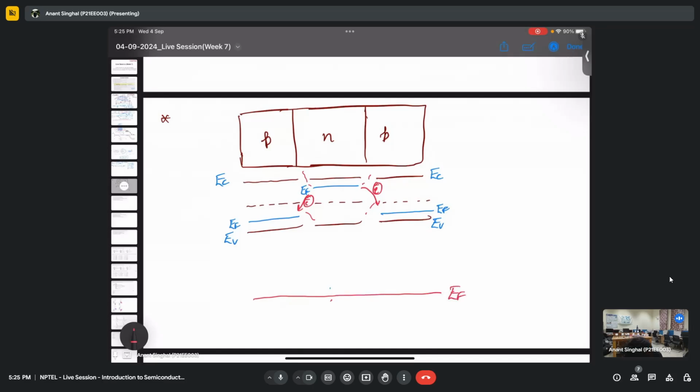And this will be what? This will be P, this will be P, and the Fermi level, sorry, this will be EC, EV, this will be EF.